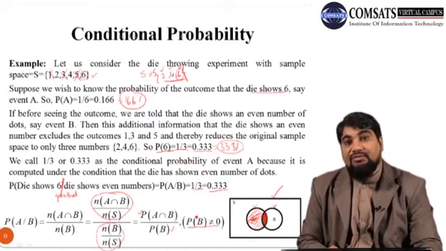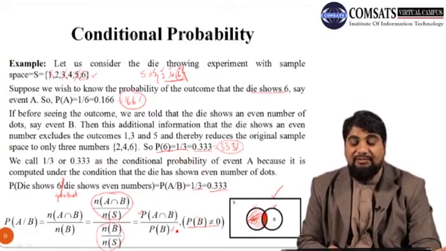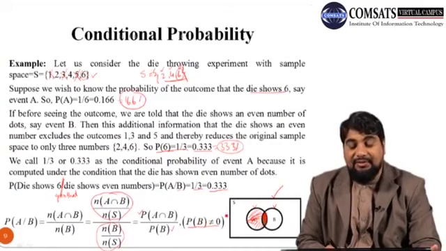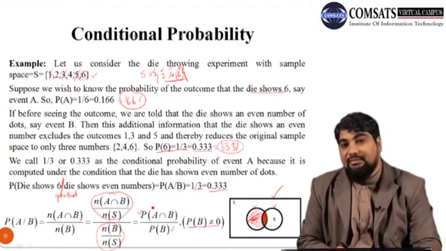So this condition is imposed that the denominator should not be equal to 0. This is the general formula for calculating conditional probabilities.